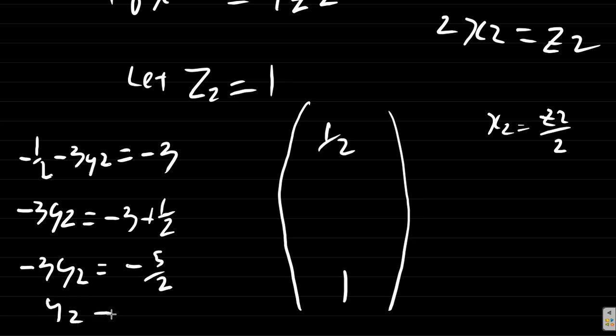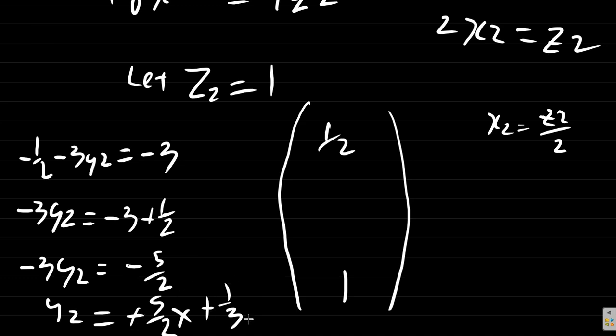So y2 would be negative 5 over 2 divided by negative 3. It would be the same as negative 5 over 2 times negative 1/3. Negative cancels negative.